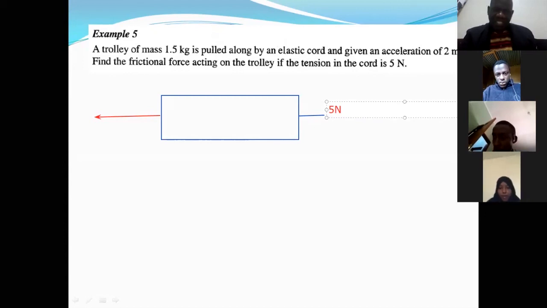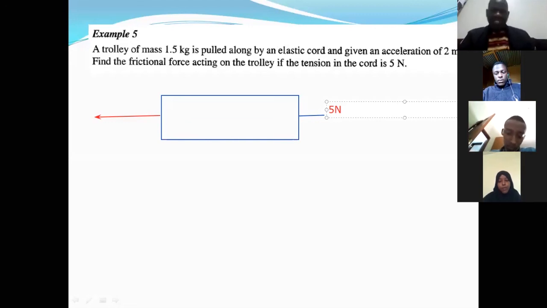John has given 2 newtons, Abdi Malik, 2 newtons, Fatma, 2 newtons. Okay, most of you have got 2 newtons. Baja has changed from 4 to 2 newtons.